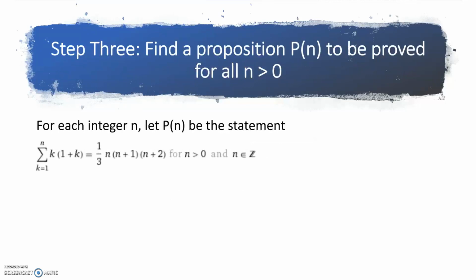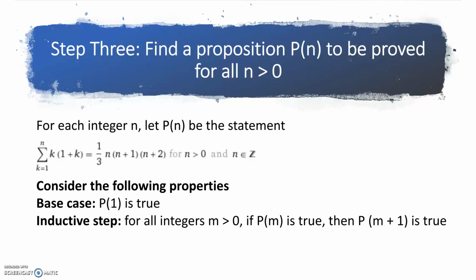Formulate the proposition Pn to be proved for all n larger than 0. We just want Pn to equal this formula and this formula for any n larger than 0. Then we consider the following properties. The first thing is the base case. Since we already set n equal to 1, we want to prove that P1 is true.